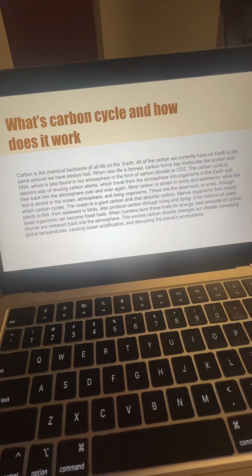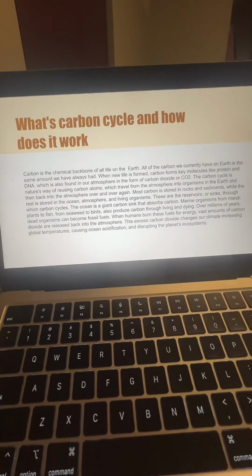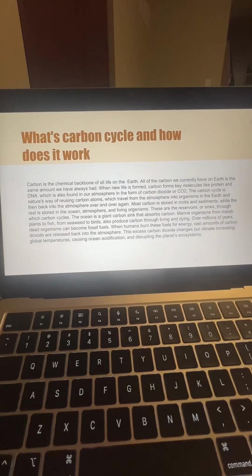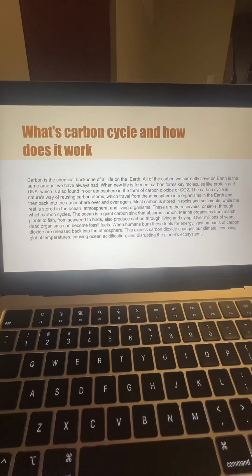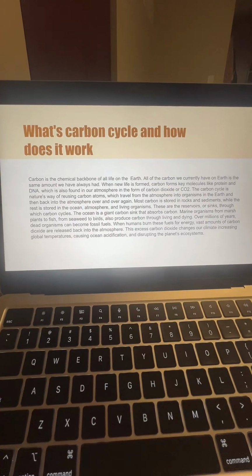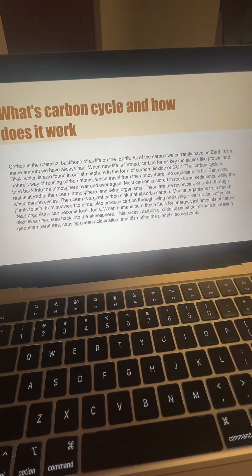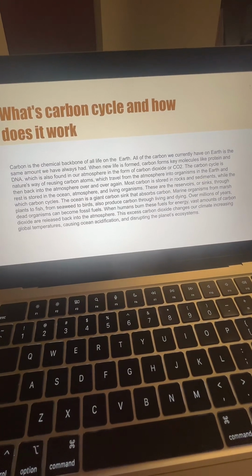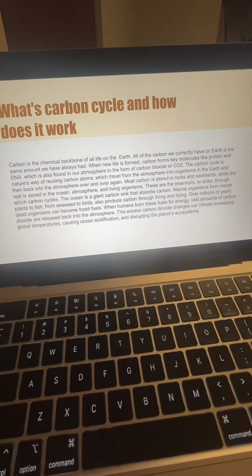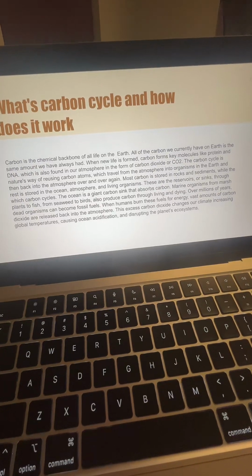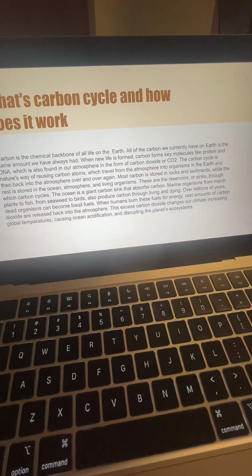The ocean is a giant carbon sink that absorbs carbon. Marine organisms, from marsh plants to fish, from seaweed to birds, also store carbon through living and dying over millions of years.